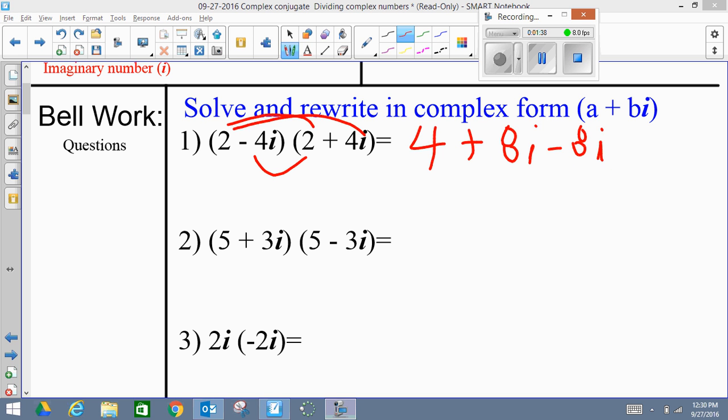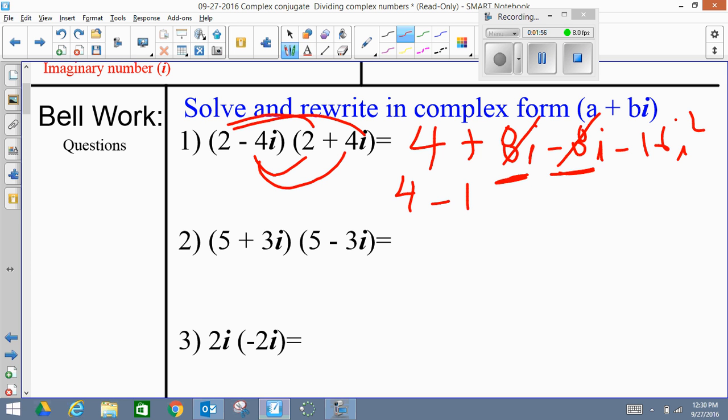Okay, a little better. Now, negative 4i times 4i is negative 16i squared. If you notice, the i's in the middle are canceling out. 8i minus 8i cancel out, so I'm going to have 4 minus 16, and instead of the i squared, I'm going to write negative 1.